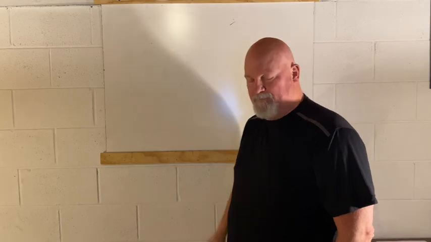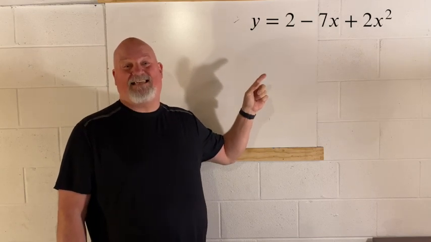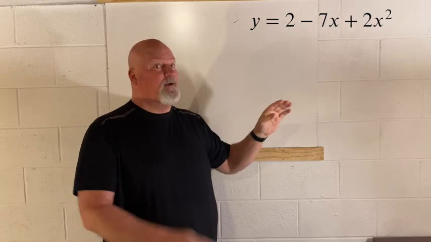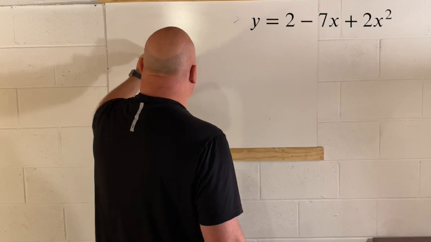Okay, great. Now things aren't always as pleasant and easy as those. Sometimes they're out of order. So how about looking at this one right here: y equals 2 minus 7x plus 2x squared. It's completely out of order, so we've got to put it back in order. To do that, we move things around.